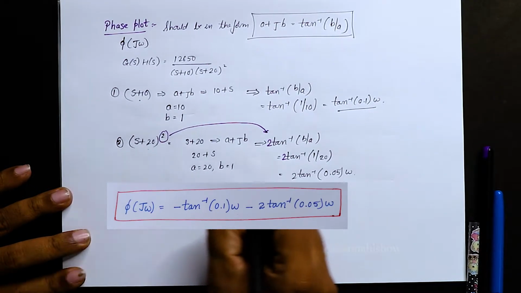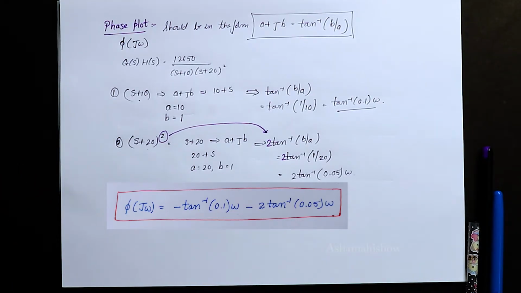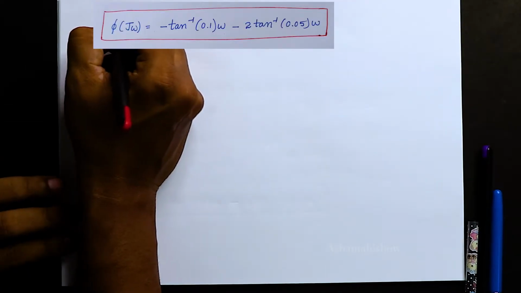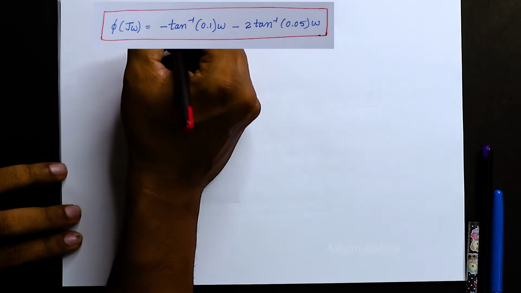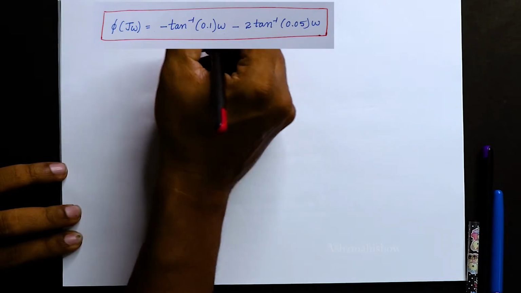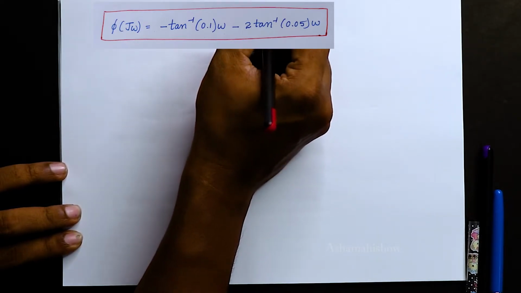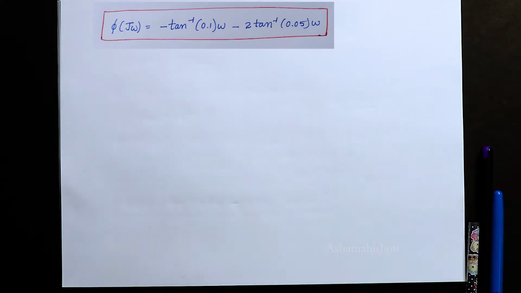This is really important. So the formula we got is phi of j omega is equal to tan inverse 0.1 omega minus 2 tan inverse 0.05 omega. For different values of omega we need to solve this.